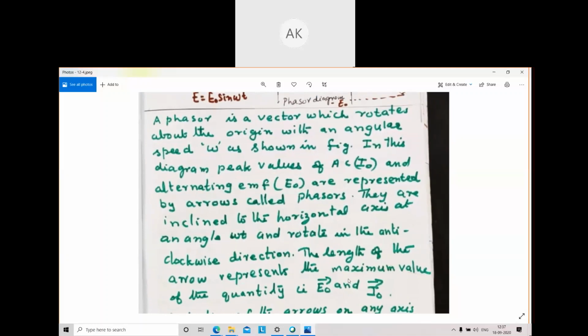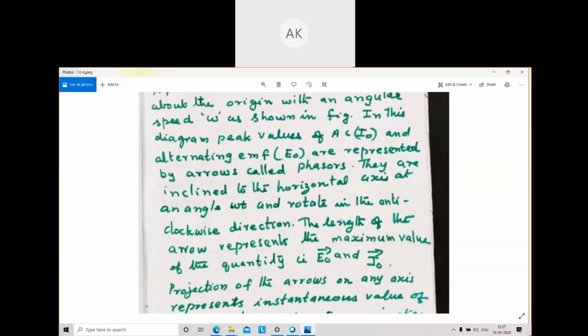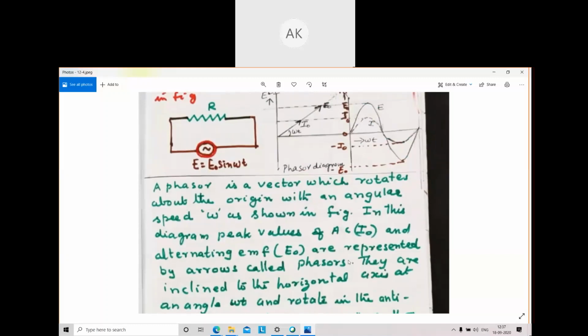The length of the arrow represents the maximum value of the quantity. You see in the figure, the length of the arrow. When you extend this, this length of the arrow is giving I0. On the y-axis, just extend this and take the projection of this value on the y-axis.